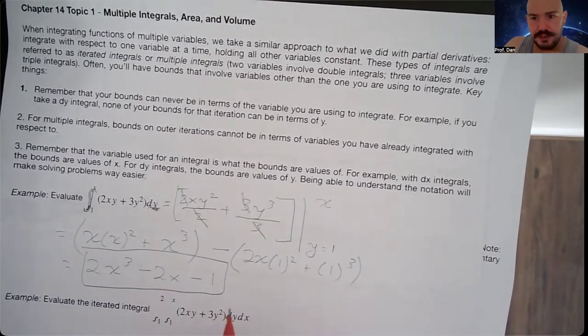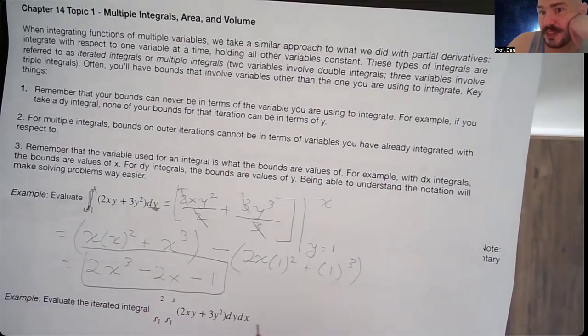When we deal with functions that have multiple variables, right? A lot of times we want to take integrals with respect to more than one variable. And there are a lot of applications for that, including the actual definition of an integral when we look into two variable functions.